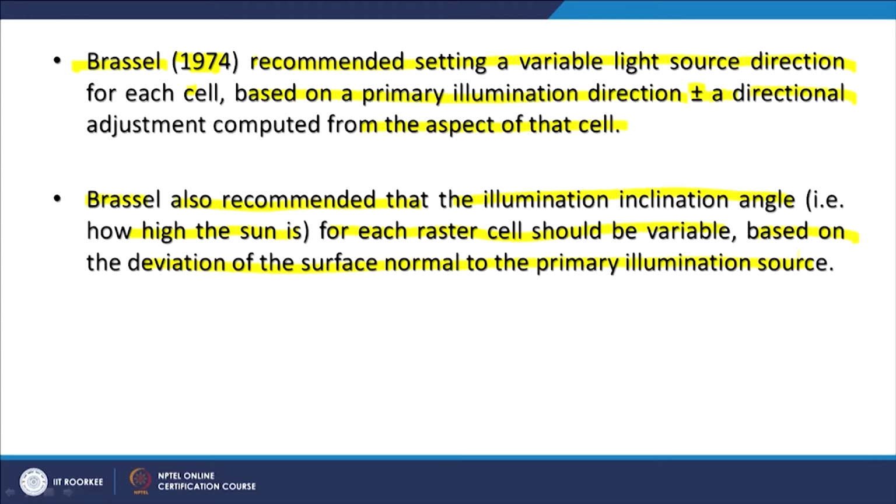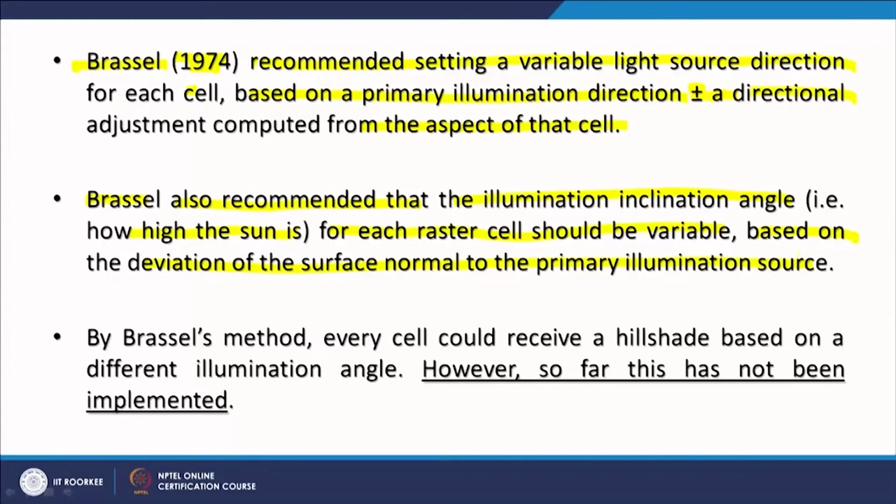So if a sloping surface is like this, then this would be the normal. Based on that normal, this is the illumination angle. So every time, for each cell, the illumination source is calculating the illumination and surface normal for each sloping surface, and accordingly it keeps the illumination elevation, or the source elevation, adjusted, keeping this as the surface normal.